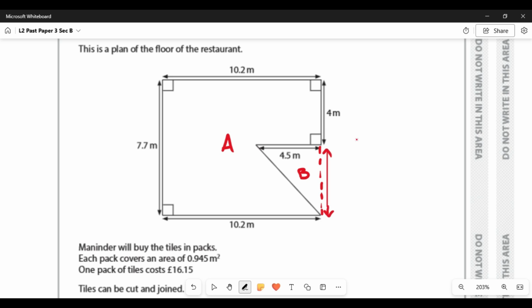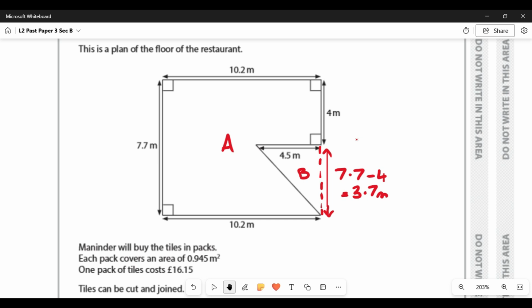That's going to give me 7.7 take away 4. 7.7 take away 4 is 3.7. So in fact, let me just write that down. 7.7 take away 4 equals 3.7 meters for the height of the triangle.